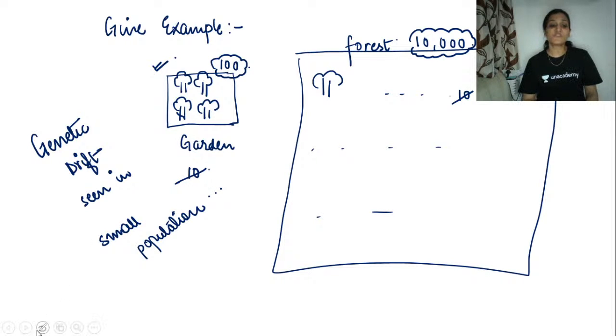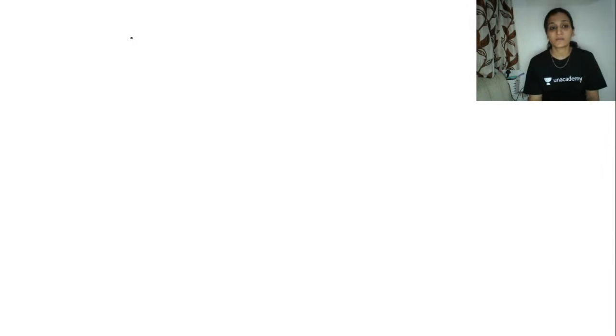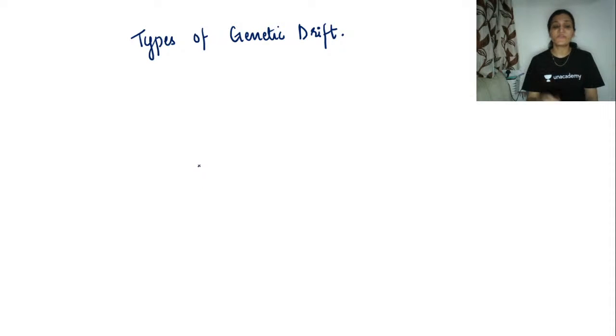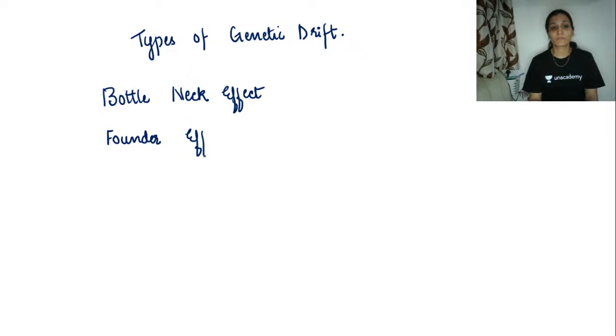Now, types of genetic drift. What are the types of genetic drift? Genetic drift is basically of two types: bottleneck effect and founder effect.